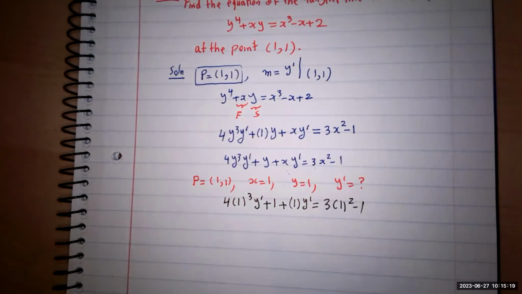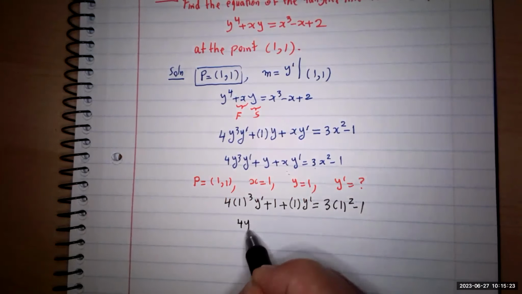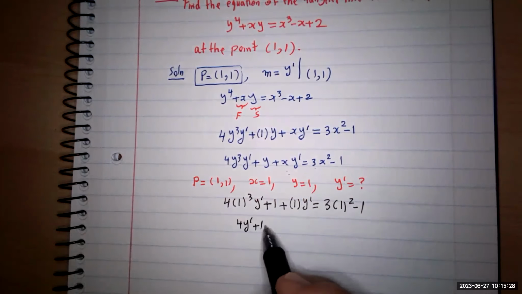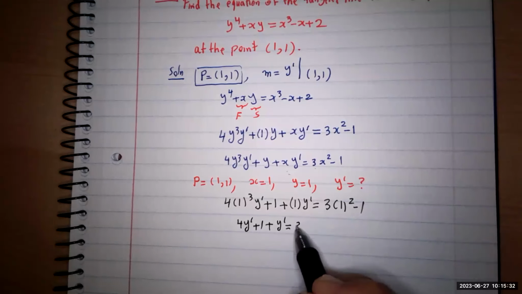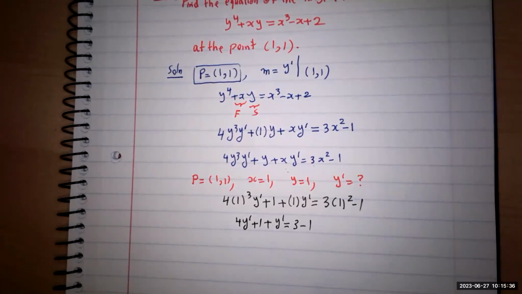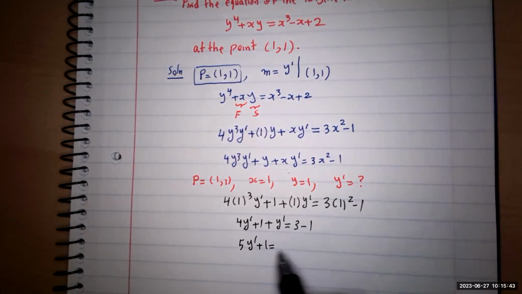So this gives you just 1. You get a 4y prime here. We have a positive 1 plus 1y prime, and on the other side, we get 3 minus 1. Combine the like terms: 4y prime and 1y prime is 5y prime, plus 1, and that gives you 2.